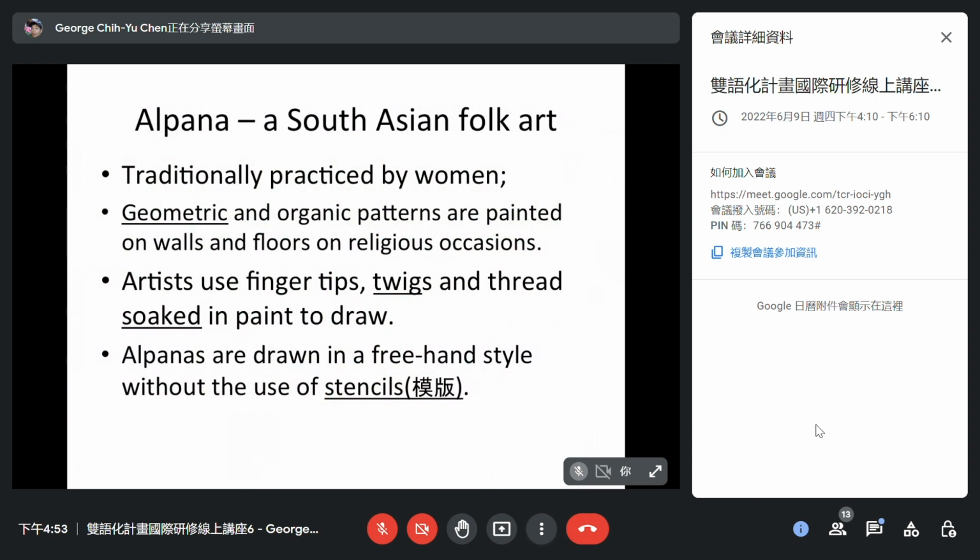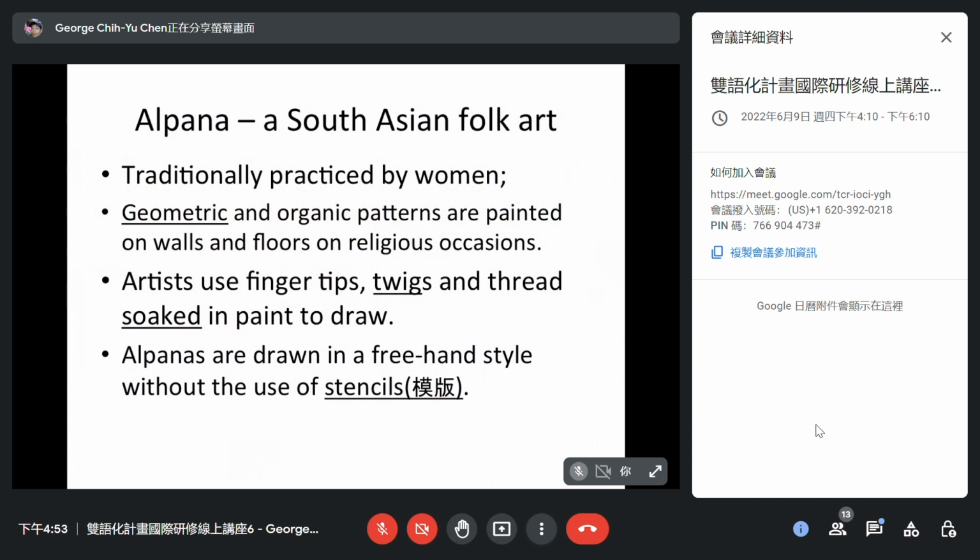So, like I said, alpana is a South Asian folk art traditionally practiced by women. Geometric and organic patterns are painted on walls and floors on religious occasions. Geometric means 几何的，和一些有机的图案。那有机的图案 meaning natural patterns like flowers, creepers.